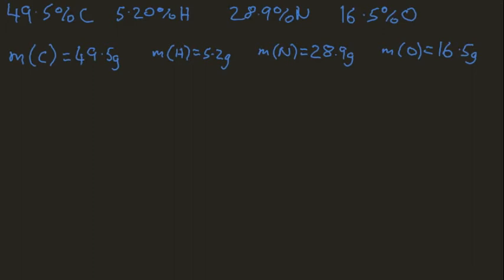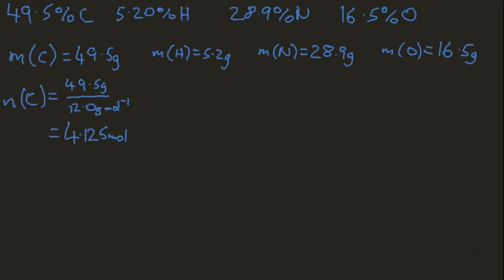So I'm going to start with carbon, and our number of moles of carbon is equal to the mass, which is 49.5 grams, divided by the molar mass, 12.0 grams per mole. Now, if we put that through a calculator, we get an answer of 4.125 mole. Nice and easy, we're just doing n equals m over capital M.